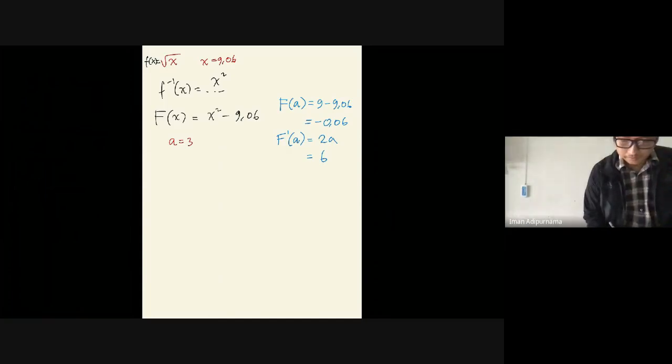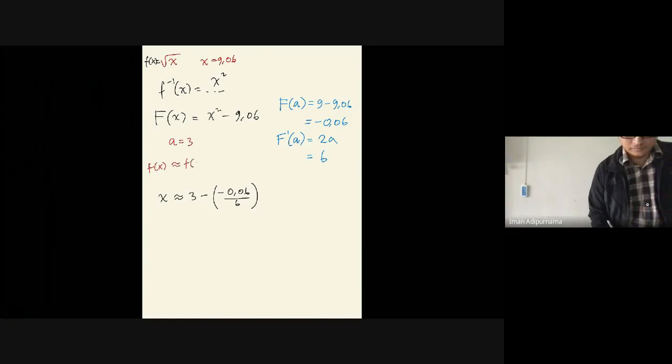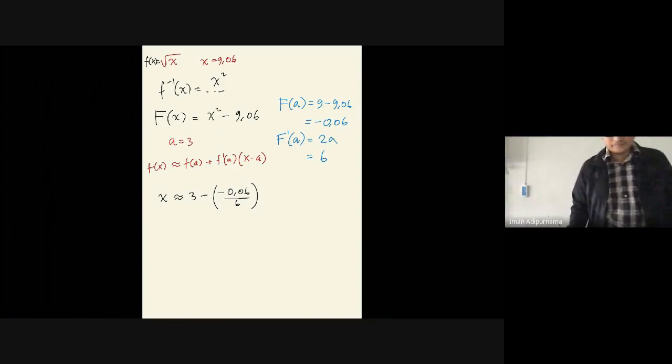So I can write here x is approximately 3 minus negative 0.06 over 6. I can rewrite this from the original one, f(x).